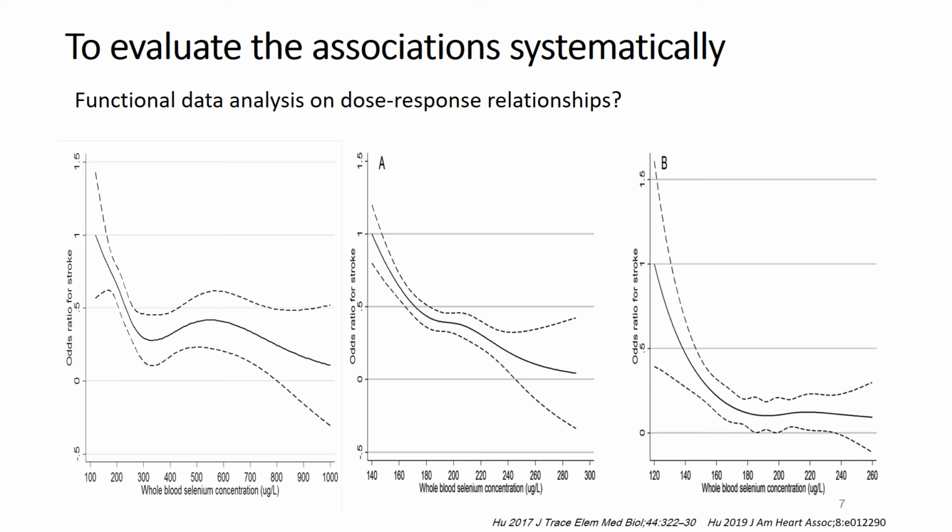Then we can adopt the same approach and repeat it for different chemicals and different health outcomes. Then we will have a pool of functional data, which is the relationship between chemical and health. Then we can apply the functional data analysis approach to see what is the best way to group or recognize the patterns between chemicals and health.